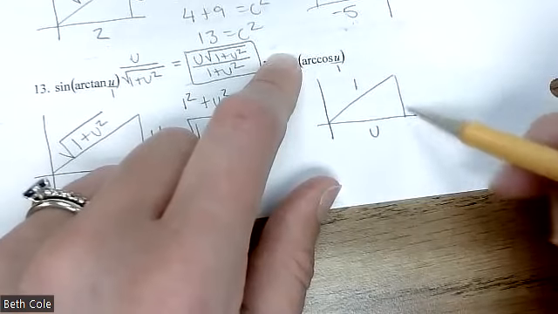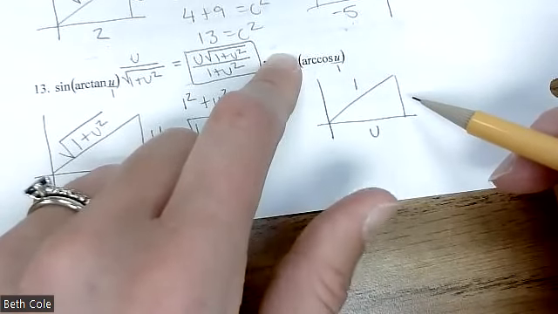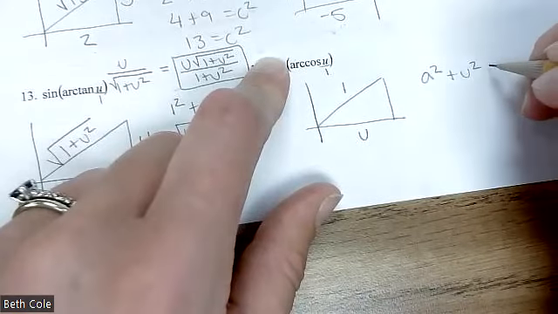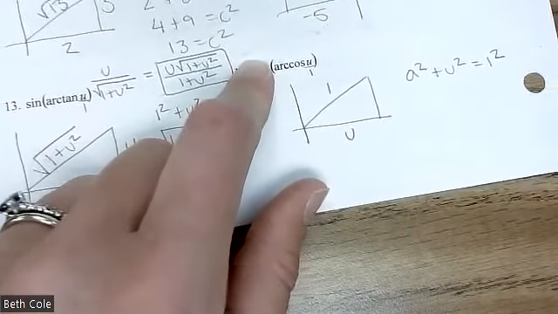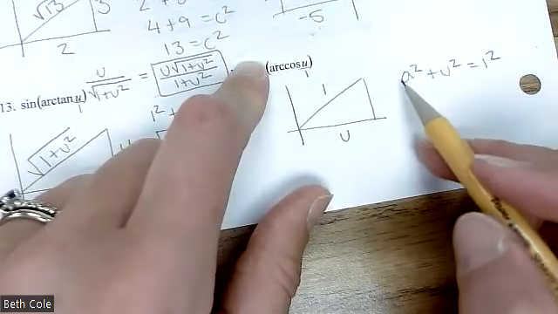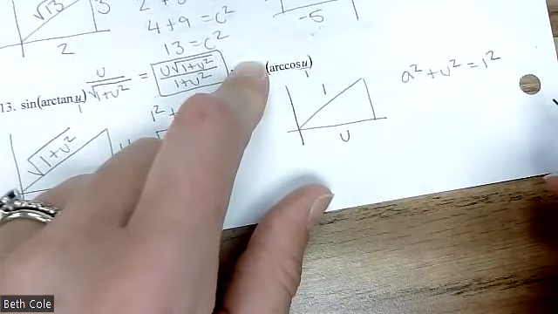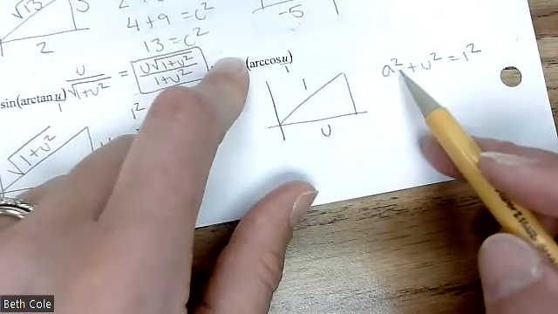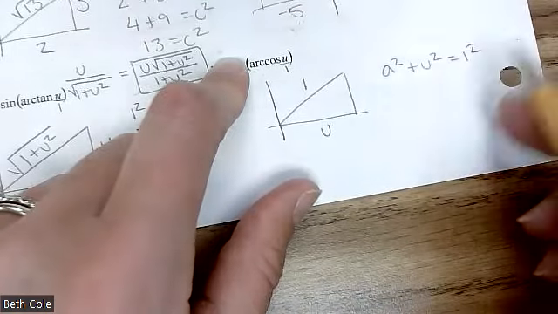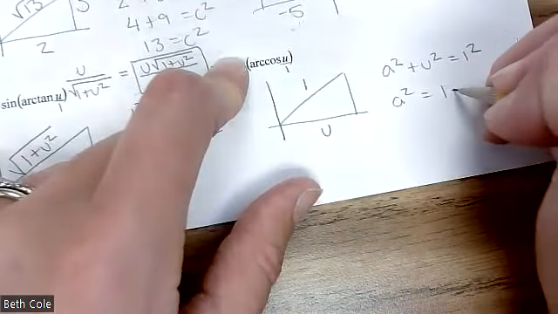Now I have to find the other side. Do you want me to call it a? Okay. So it would be a squared plus u squared equals 1 squared, which is going to just be 1. And how would you get a by itself? I want a by itself. Yep, minus the u squared over.